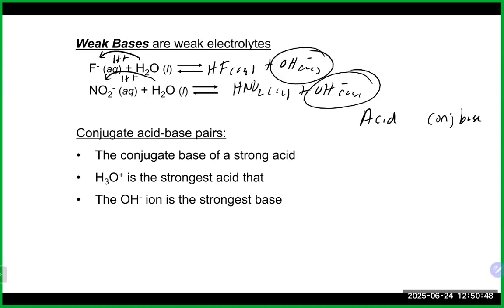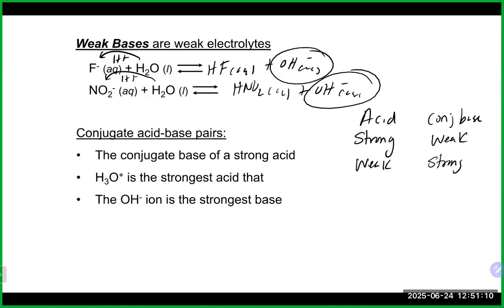If your acid is a strong acid, its conjugate partner will be considered relatively weak. So sort of an opposite relationship there. If your acid is actually a weak acid, your conjugate base will be considered a relatively strong conjugate base.